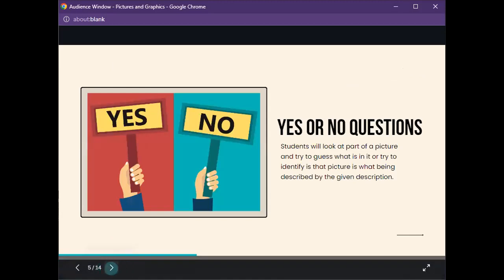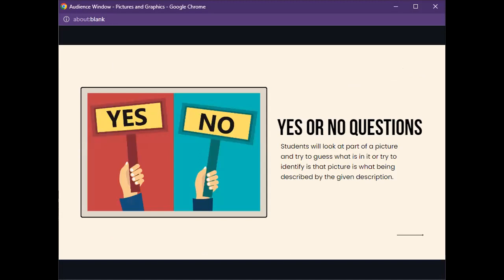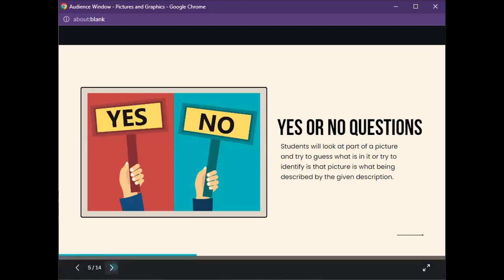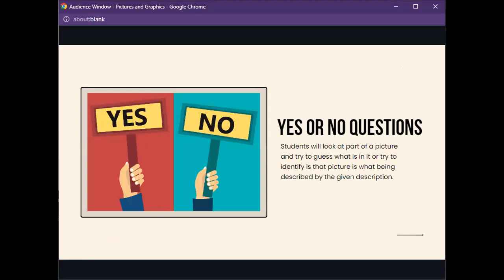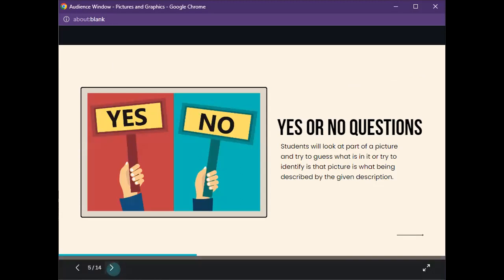For yes or no questions, students will look at a part of a picture and try to guess what it is, or try to identify the picture being described by the given description.